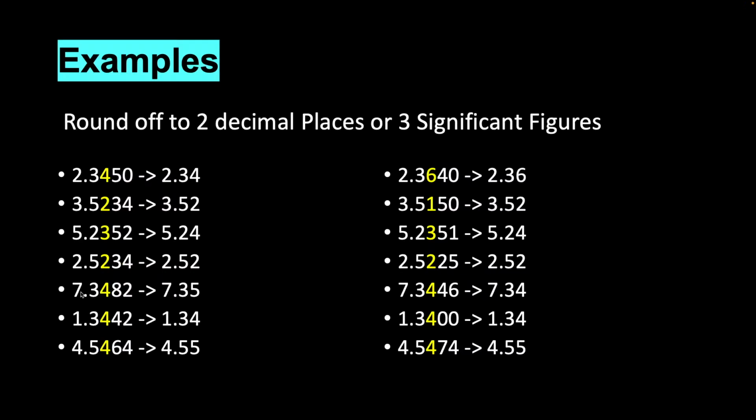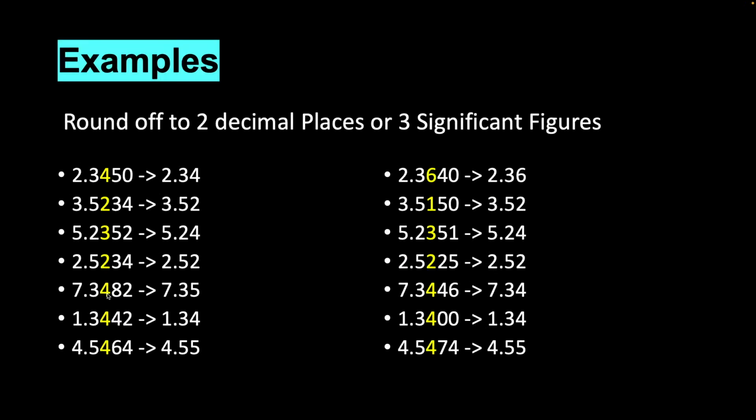Now the next question is 7.3482. After the cutoff digit 4, it is 8, that is greater than 5, so the cutoff digit will be increased by 1, so the 4 will be converted to 5, so it would be 7.35. The next question is 1.3442.